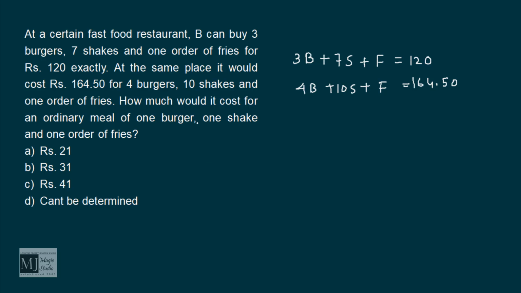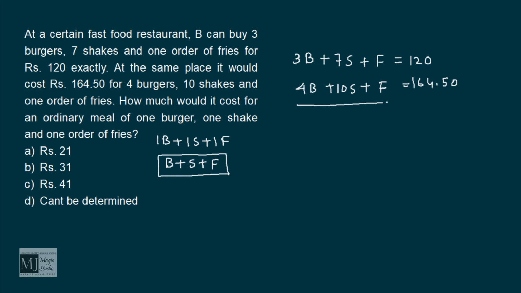Very good. How much would it cost for an ordinary meal of 1 burger plus 1 milkshake and 1 order of fries? That means we are looking out for the value of B plus S plus F. Whether we would be able to calculate this or not.